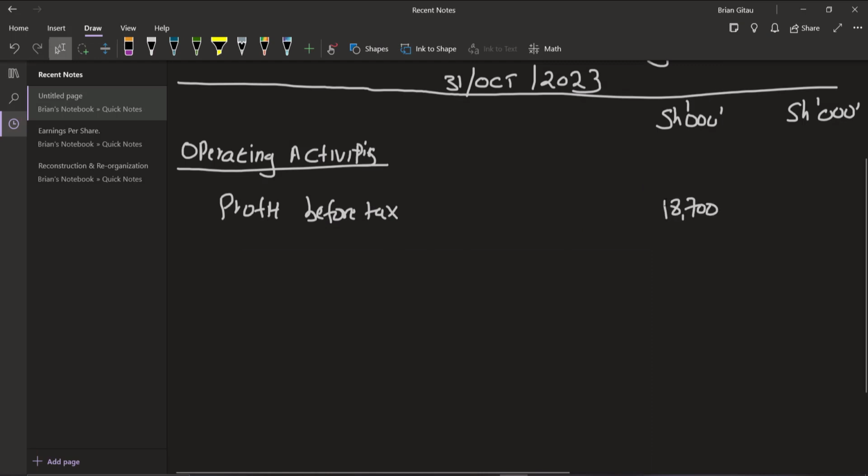That is our profit before tax. We go ahead and make the adjustment. So we are adjusting for non-cash items. There are two adjustments that you should always look out for because they rarely miss. The first one is depreciation.